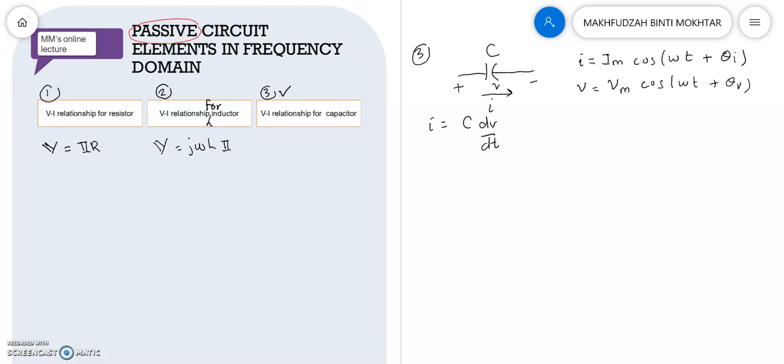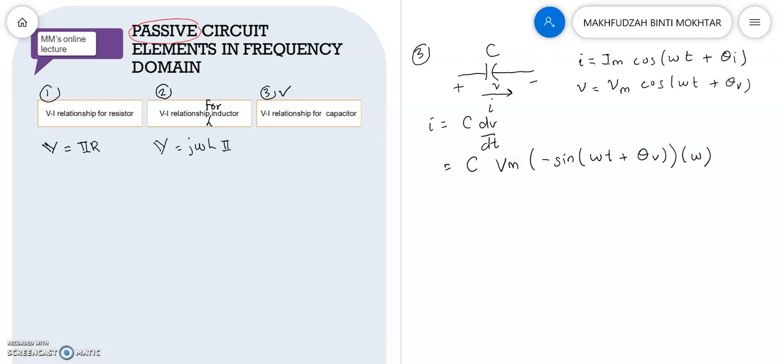Okay, so this is now a matter of how we differentiate the voltage with respect to t. Alright, so I will not go into detail about how to differentiate this function. So I now have C, and dV/dt is Vm times negative sine(omega t plus theta V), multiplied with omega.